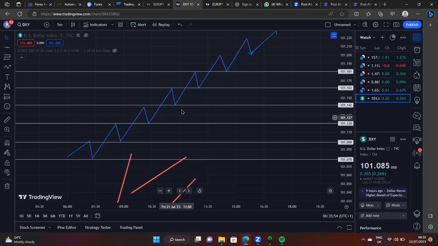Then you can say that this is an uptrend. And for that trend to continue to swing up and down, the current low must not be lower than the previous.